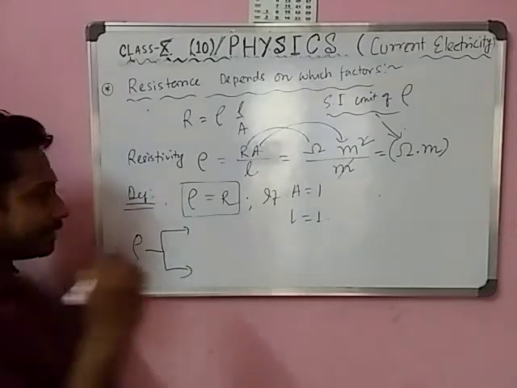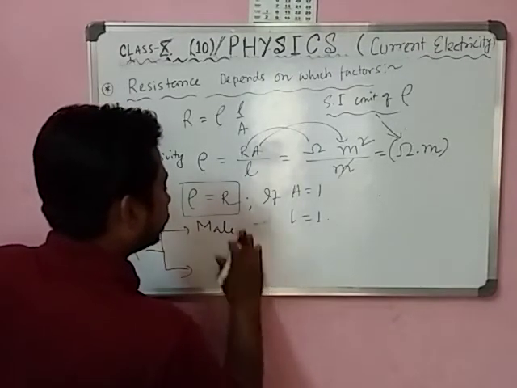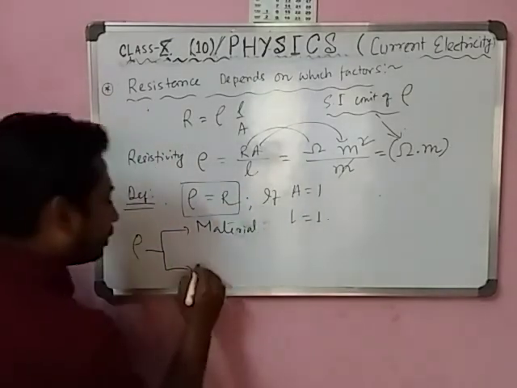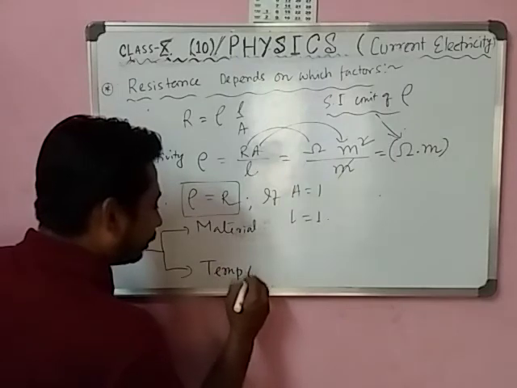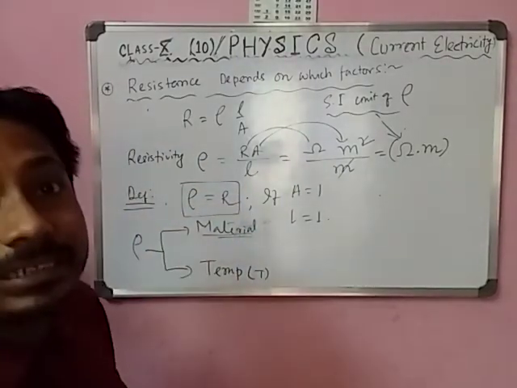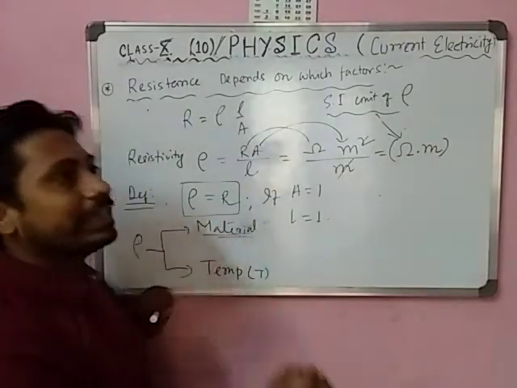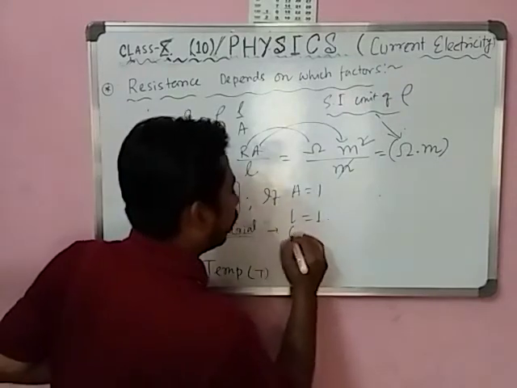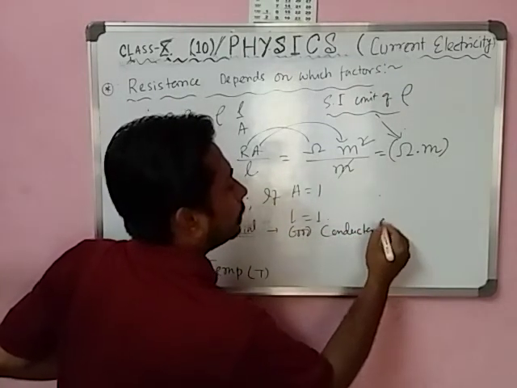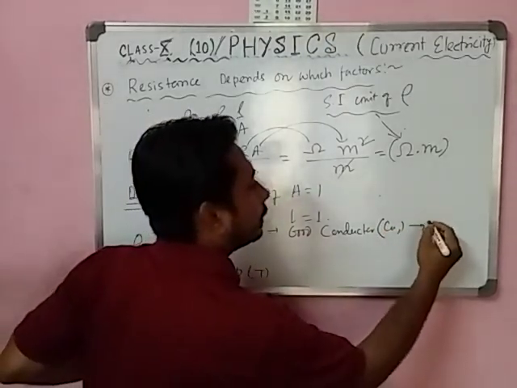Number one, material, and number two, temperature T. Material means for a good conductor, such as copper or aluminium, resistivity decreases.